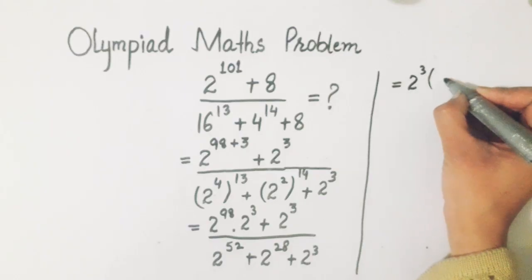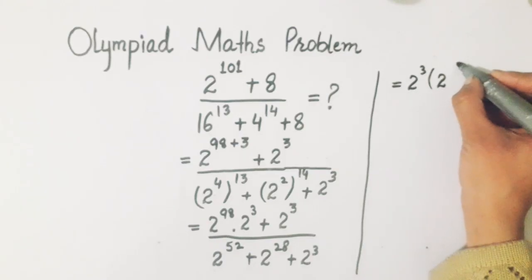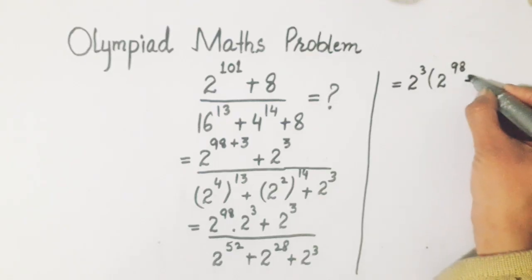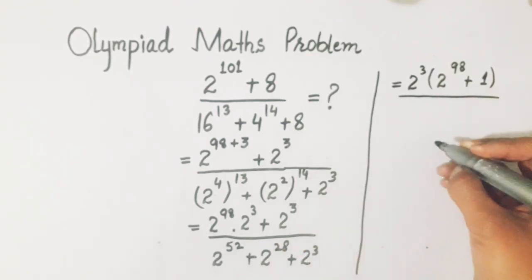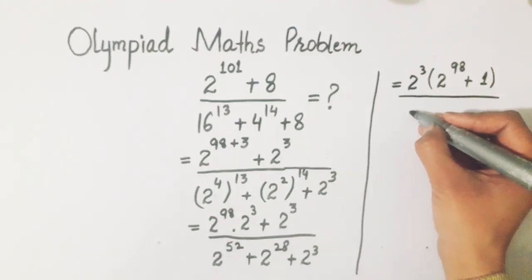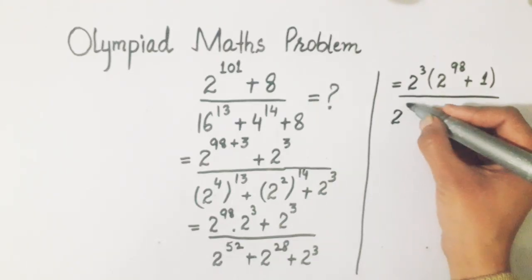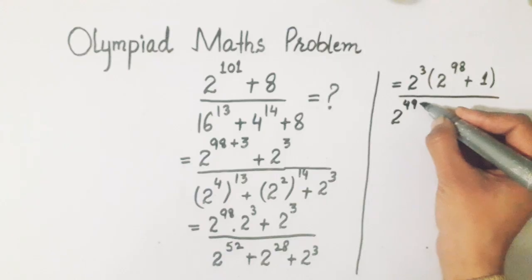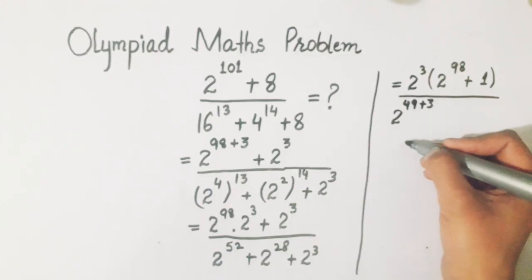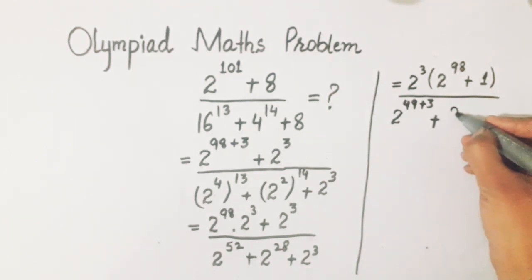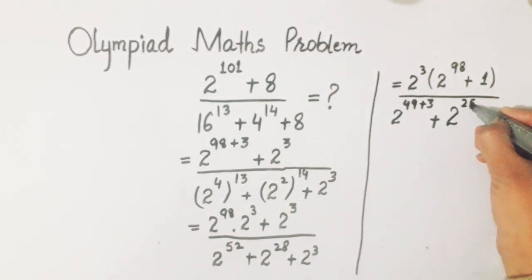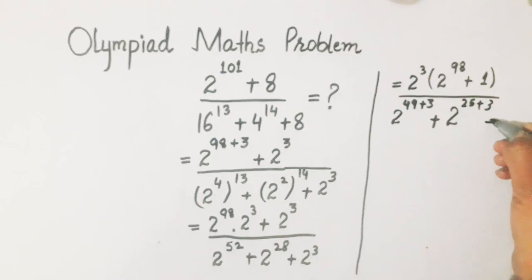So remaining is 2 raised to power 98 plus 1, and divided by 2 raised to power 52, which can be written as 2 raised to power 49 plus 3, and 2 raised to power 28 can be written as 2 raised to power 25 plus 3, and this will be 2 raised to power 3.